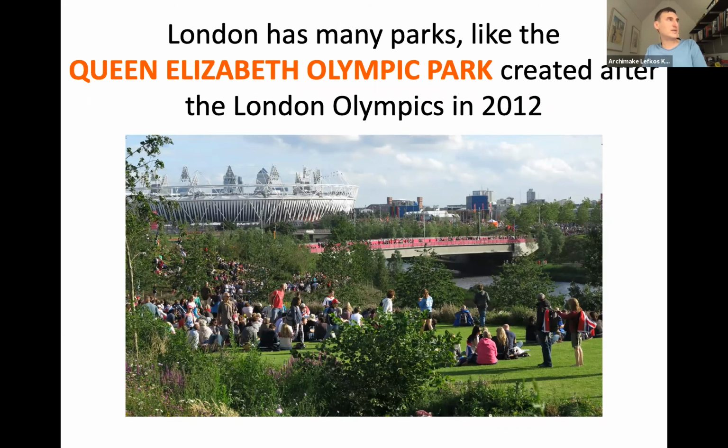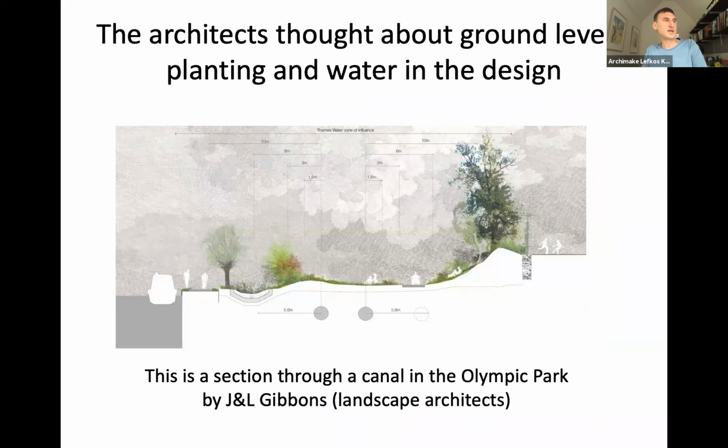The case study for this week, to show how landscape architects think about the section of a park, is the Queen Elizabeth Olympic Park in Stratford, completed after 2012. The section we were using as an example is from that park, and it shows that the landscape architects were thinking about ground levels, planting, and water.